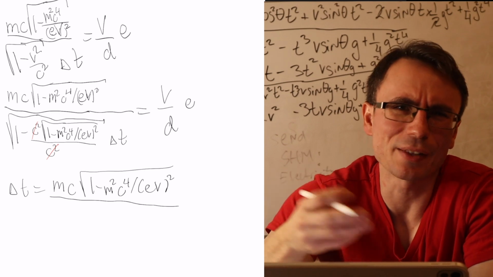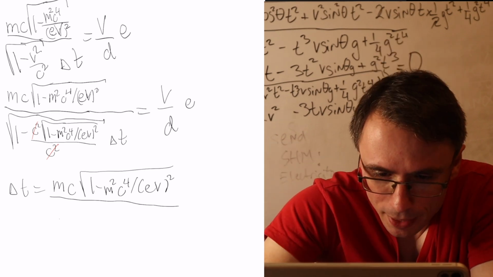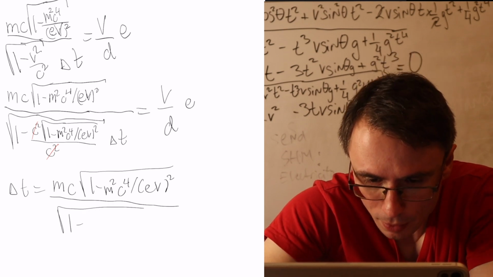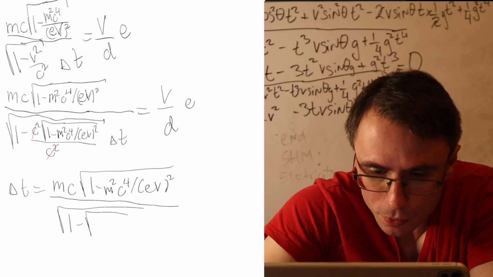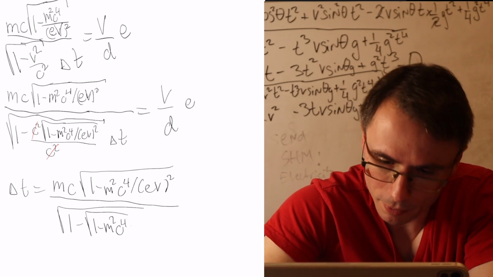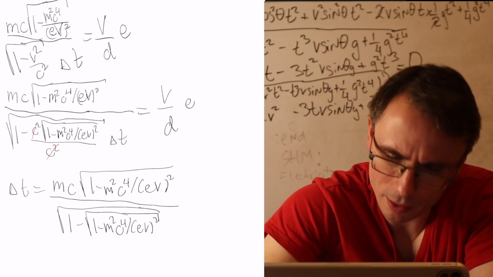If I make a mistake, it's obviously on purpose, to show you what not to do, right? Then square root of 1 minus root 1 minus m squared c to the power of 4 over eV squared, like this.